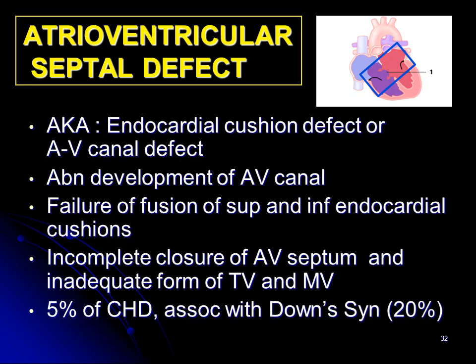The structures that develop from the endocardial cushions include the lower part of the atrial septum, the higher portion of the ventricular septum, and the atrioventricular valves. The endocardial cushions also complete the separation of the mitral and tricuspid valves by dividing the single valve between the embryonic atrium and ventricles.